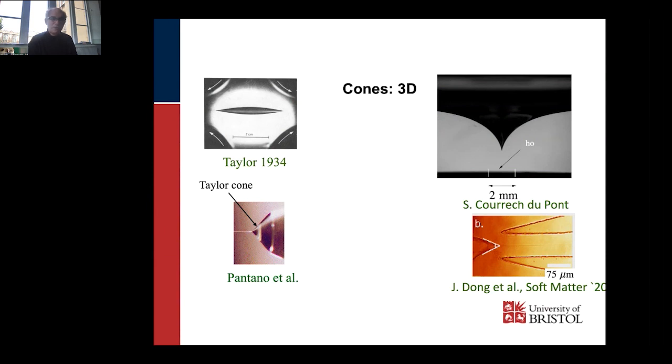You take a low viscosity drop or bubble inside a flow, and again, if the flow is strong enough, the tip of the bubble is deformed into a sharp object, but this time the object is close to a cone with, as it turns out, from a much more detailed calculation, logarithmic corrections.